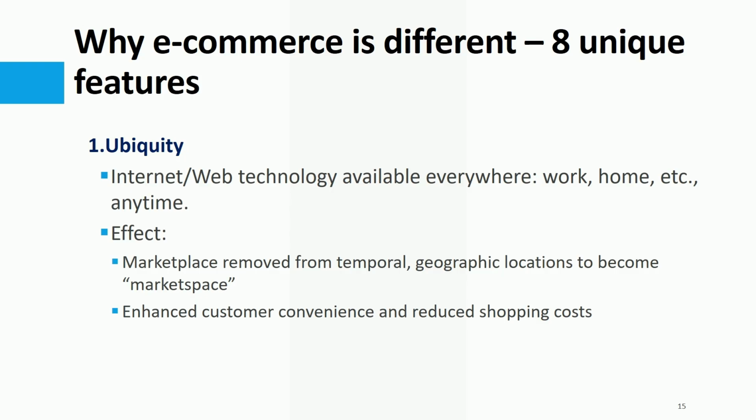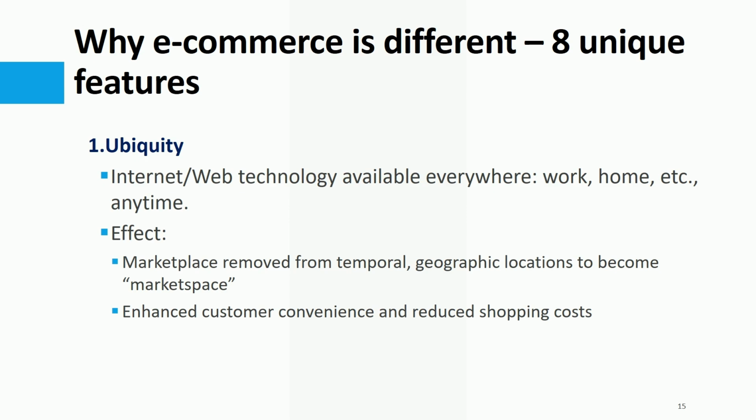What do you think ubiquity is? As you know, e-commerce is everywhere all the time, unlike traditional shopping. You can shop from home, from your work, or even in your car using your phone.